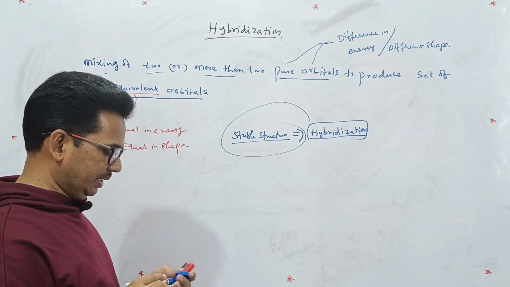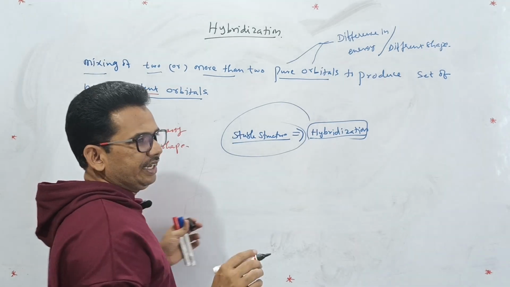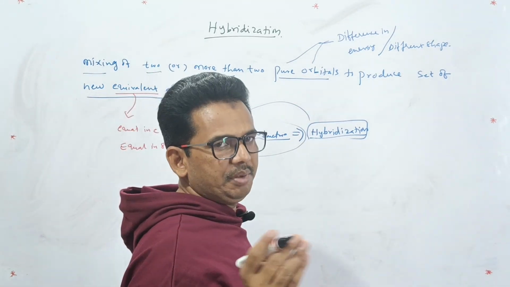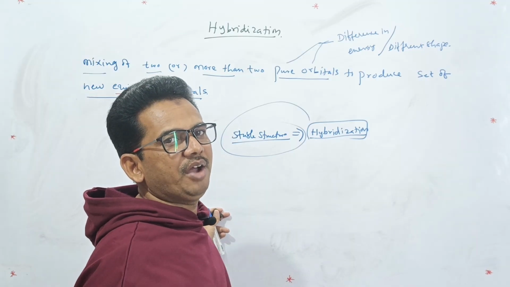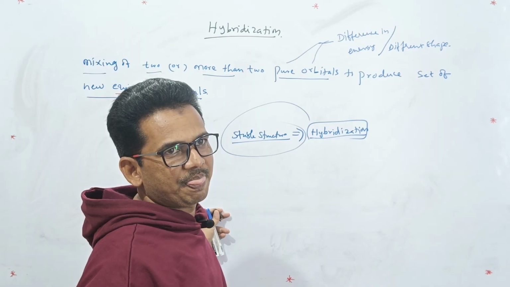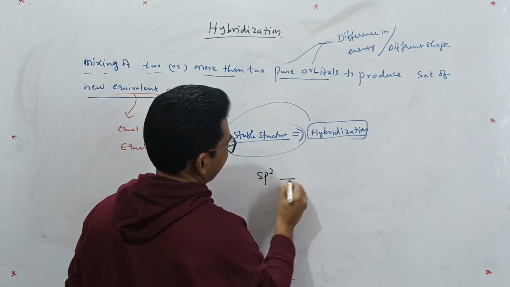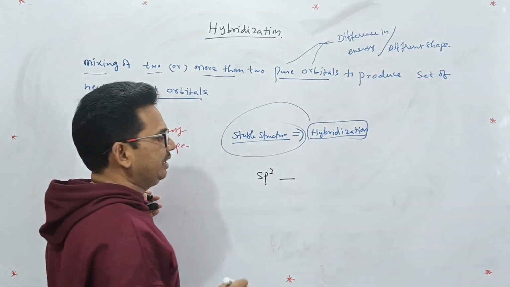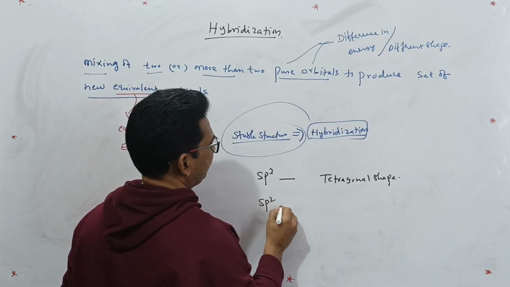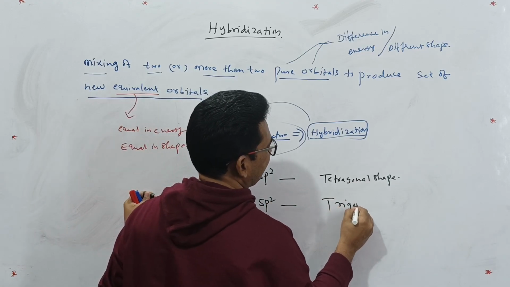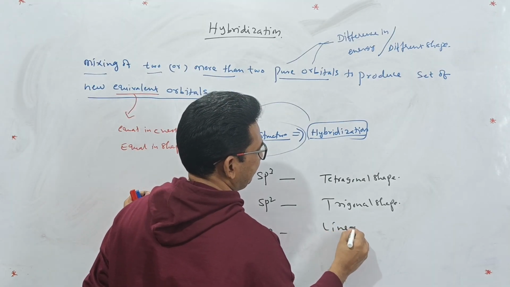Only when it undergoes hybridization does it get the particular, proper shape. That's why, when you take different types of carbons, it may be methane, ethene, or propane, they have different shapes. For example, sp3 hybridization has a tetrahedral shape. sp2 has a trigonal shape. sp has a linear shape.